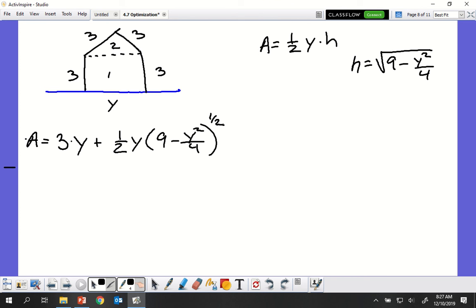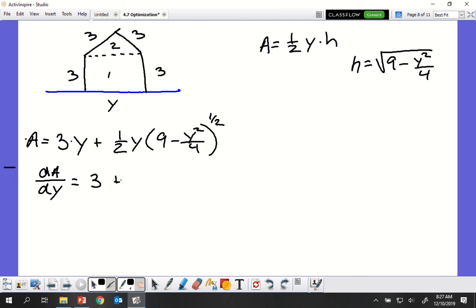All right, so let's go ahead. It's going to be dA/dy, in terms of y. So the derivative of this is going to equal 3. And this over here is going to be a product rule.